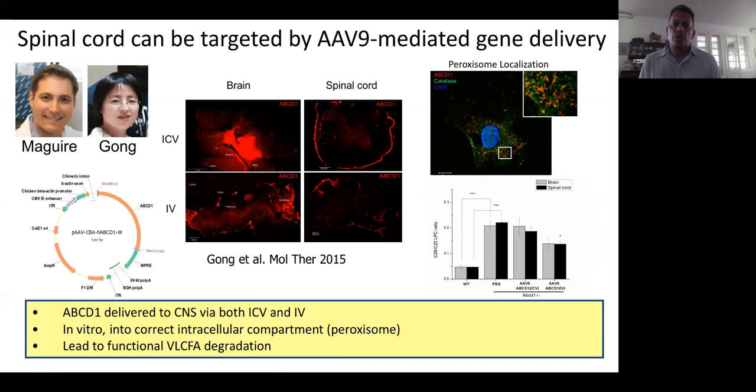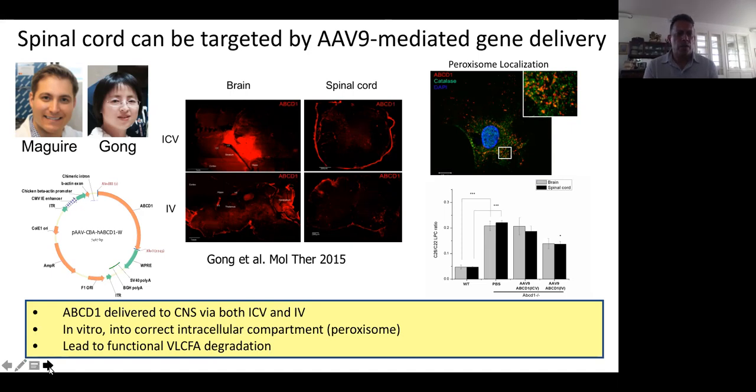And to our surprise, when we did this in a mouse that lacked ABCD1, we could deliver very nicely into the ventricles and also intravenously, and we were able to lower the very long chain fatty acids that accumulate in this disorder. So we had a nice proof of concept that yes, gene therapy could be possible for AMN as well.